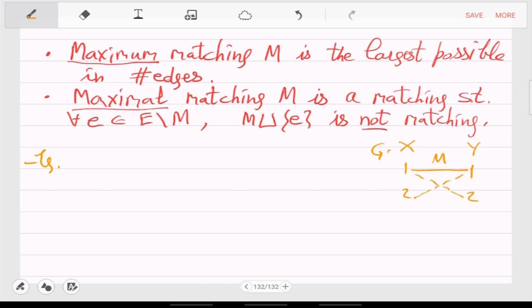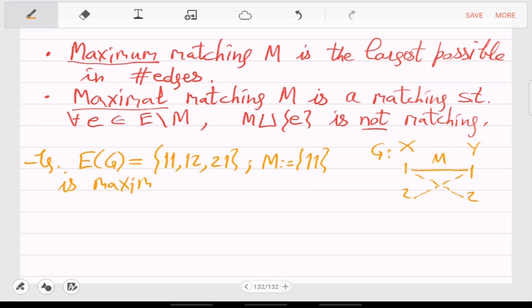So in this graph, where the edges are (1,1), (1,2) and (2,1), if you take M to be (1,1), this is maximal, but if you took the other ones, (1,2), (2,1), this is maximum.